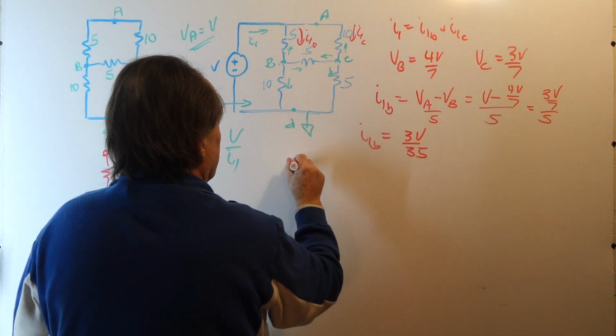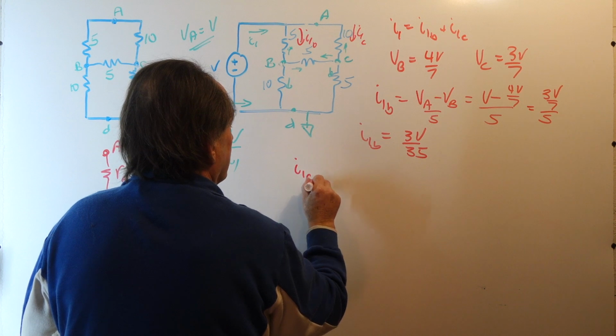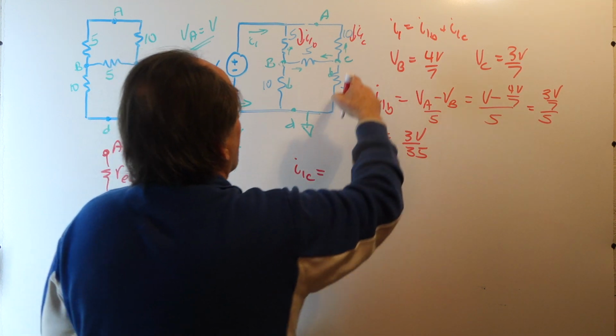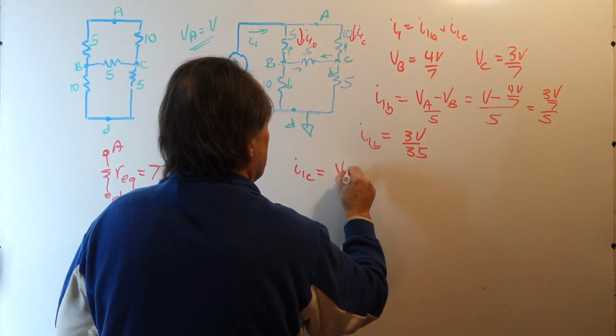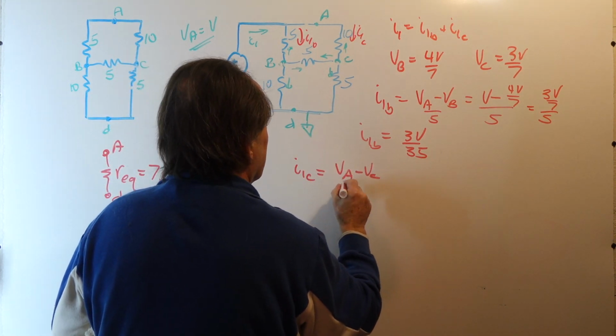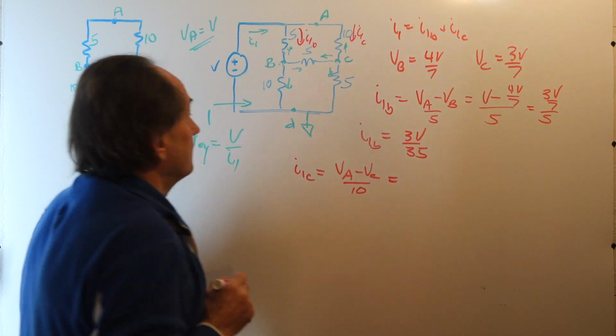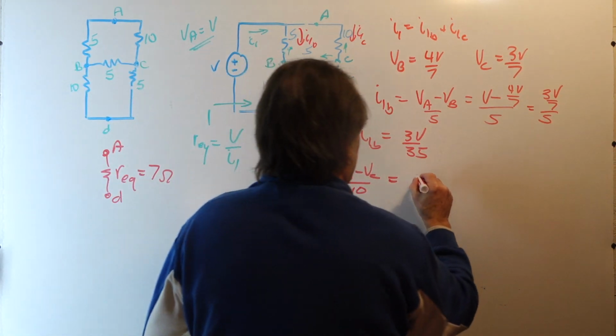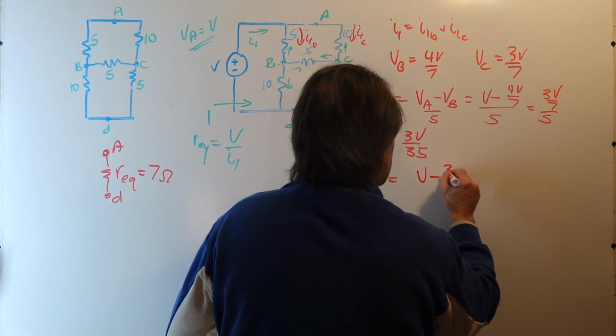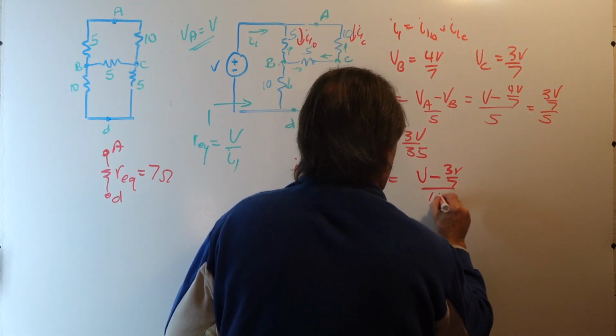Likewise, to find I1C, I1C is the voltage across a 10 ohm resistor, which is VA minus VC divided by the resistance 10. Well, VA again is equal to V minus VC, which is 3V over 7 divided by 10.